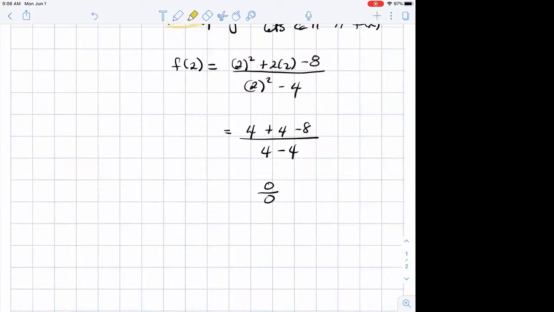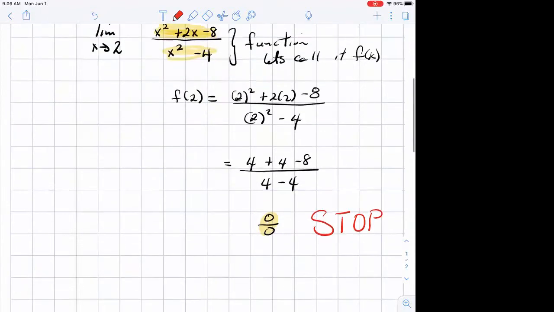Anytime, class, you have 0 over 0, you must stop. This is a hint that you have to use some method of algebra: either factor the top, factor the bottom, rationalize. You have to do something. Plugging it in is not going to work.